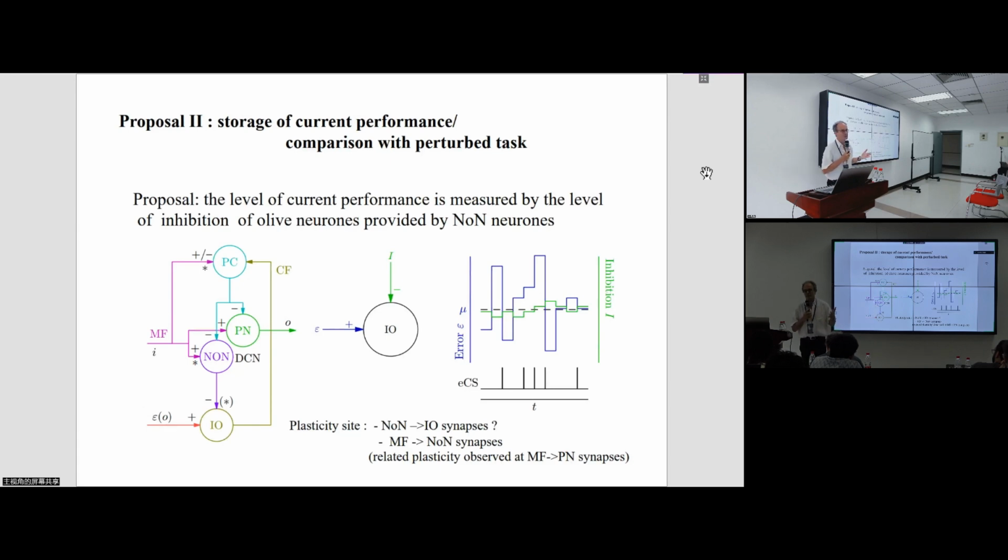So the level of inhibition on the olive will be the current level of your performance in some sense. If your error is smaller then usually you won't fire anything. If the error is bigger, you will fire. Okay?